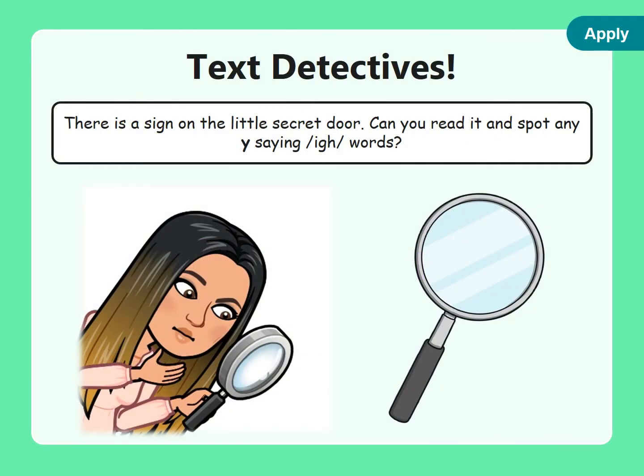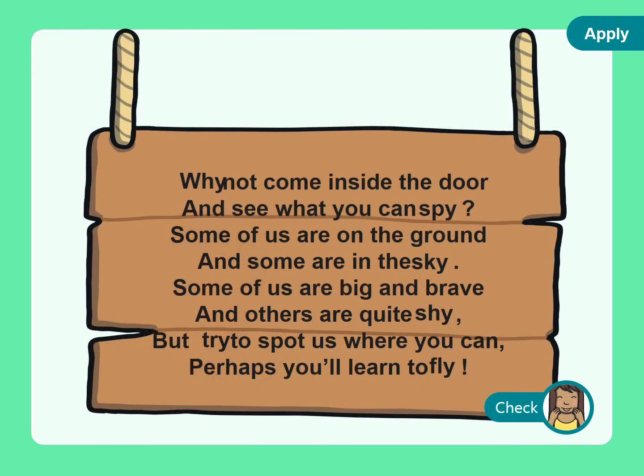So now we are going to be text detectives. We're going to use our knowledge about the Y saying I words to find them on a sign. Are you ready? Why not come inside the door and see what you can spy?